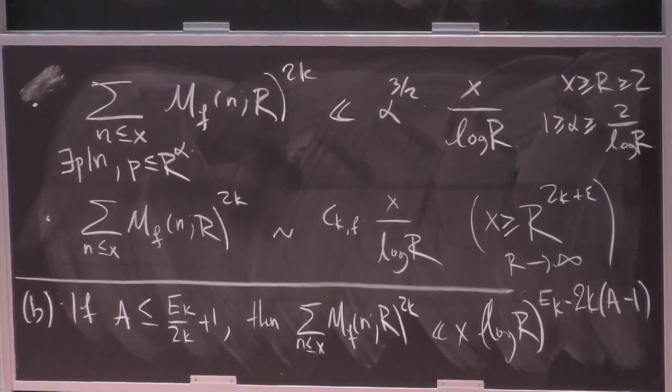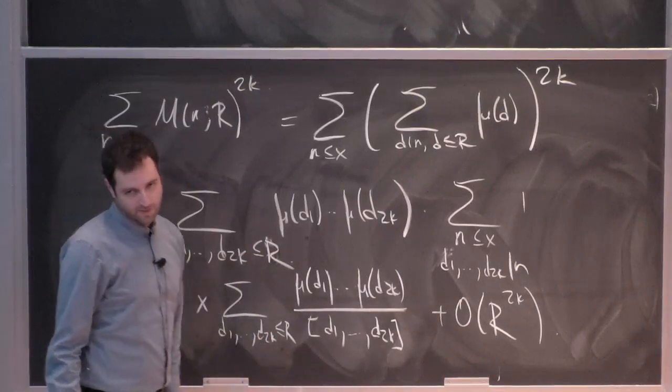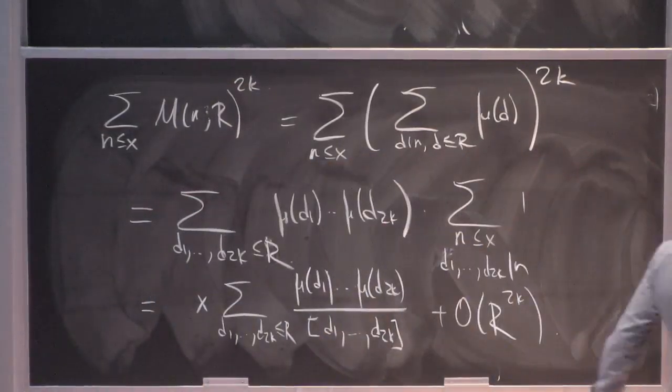Right, so what do we do with this? We have all these restrictions of the d_i's being up to r. We'll apply 2k times Perron's formula.